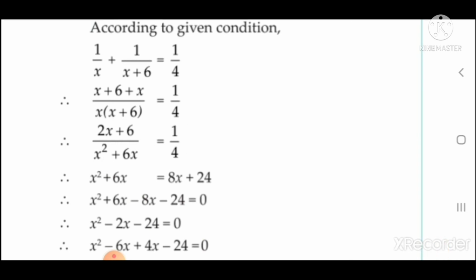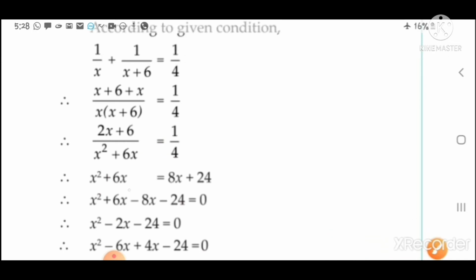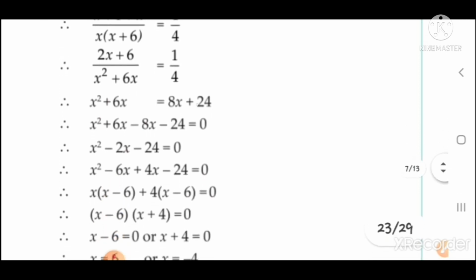So cross multiply, x square plus 6x will go over there and 4 will be multiplied by this 2x plus 6. So you will get x square plus 6x is equal to 4 2s are 8x plus 4 6s are 24. 6x and 8x bring it together, plus 8x will come here, becomes minus 8x, minus 24, plus 24 comes here, equal to 0.